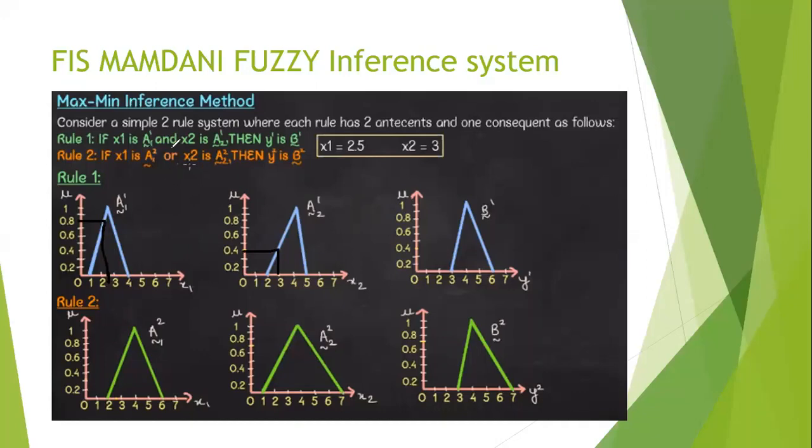So here you are using the AND operator. Which connectivity will you consider, either maximum or minimum? Please anyone respond.